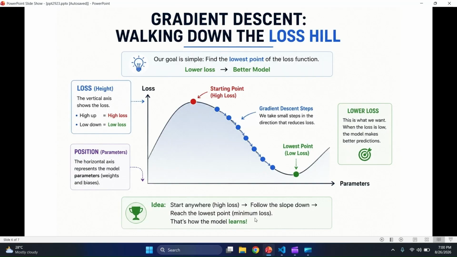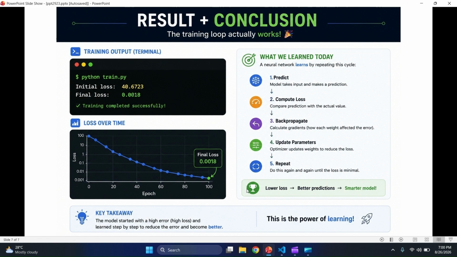So this is what I understood from day one. Any neural network starts with parameters, and it makes a prediction. We calculate the loss to measure the error, backpropagation calculates the gradients, and the optimizer uses those gradients to update the parameters.